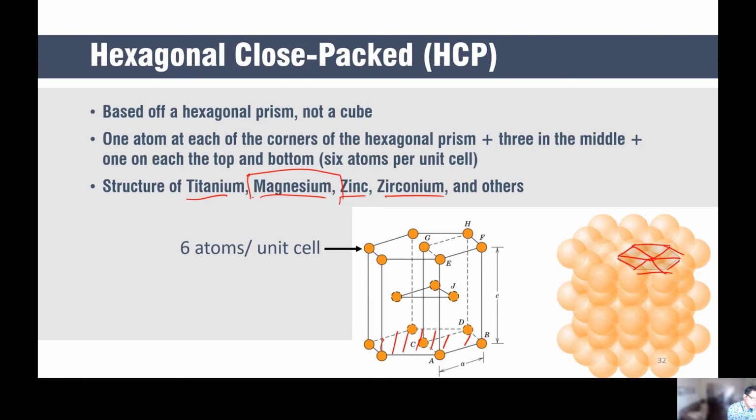Magnesium is a very interesting metal, and the reason is that magnesium is extremely lightweight but also very, very strong, with a drawback, as is the case with zinc, that it is very brittle.